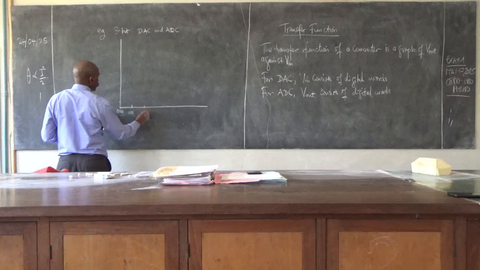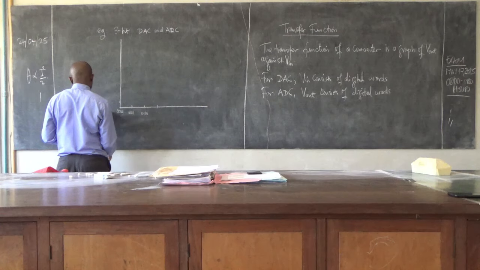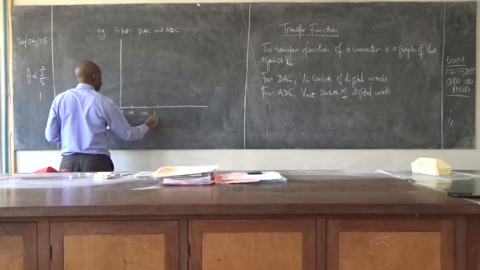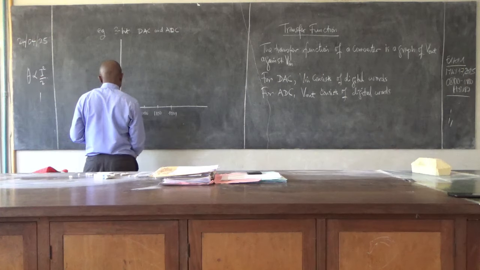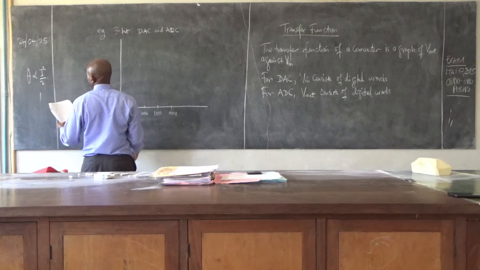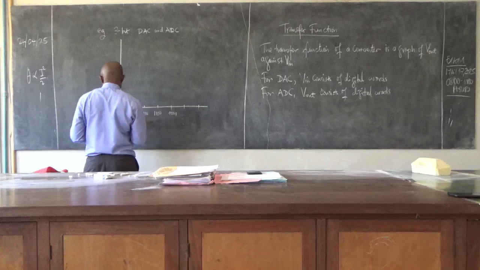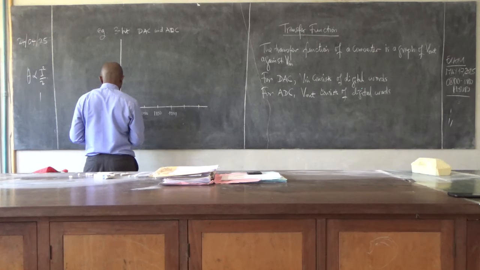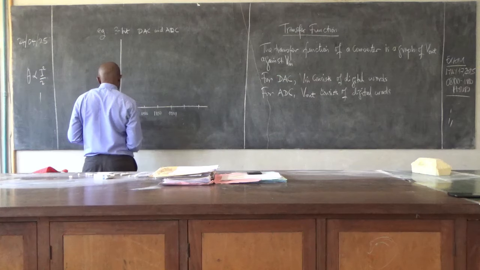Let me count: 1, 2, 3, 4, 5, 6, 7. Where are the others? 0 0 1, 0 1 0.